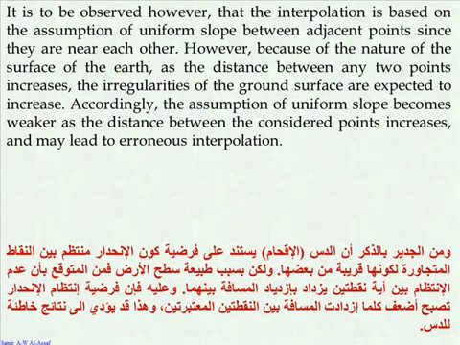It is to be observed, however, that the interpolation is based on the assumption of uniform slope between adjacent points since they are near each other. However, because of the nature of the surface of the Earth, as the distance between any 2 points increases, the irregularities of the ground surface are expected to increase. Accordingly, the assumption of uniform slope becomes weaker as the distance between the considered points increases and may lead to erroneous interpolation.